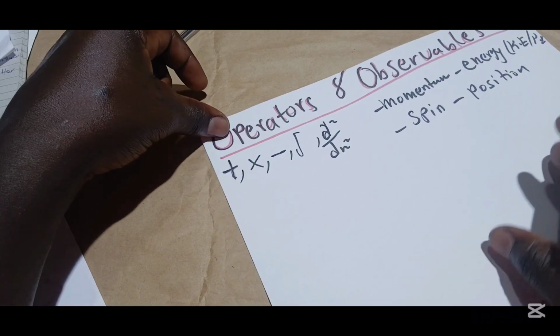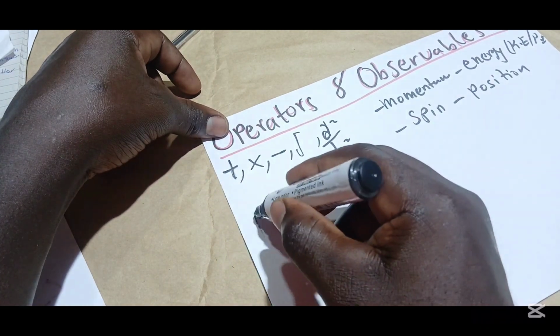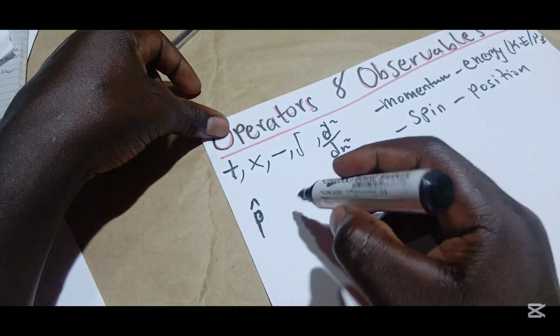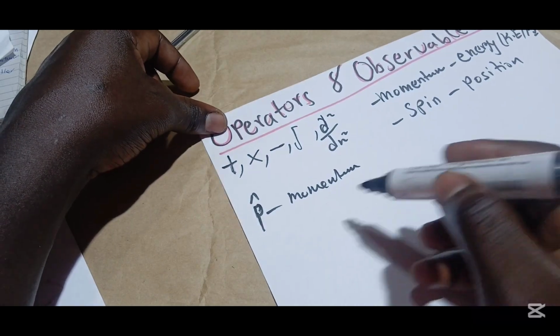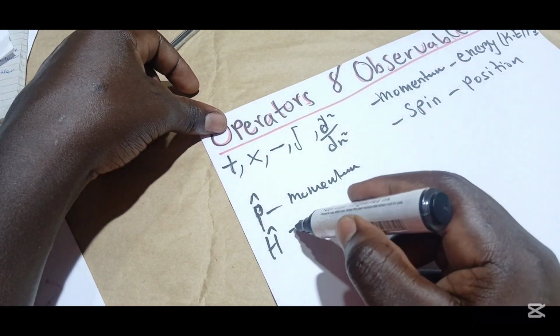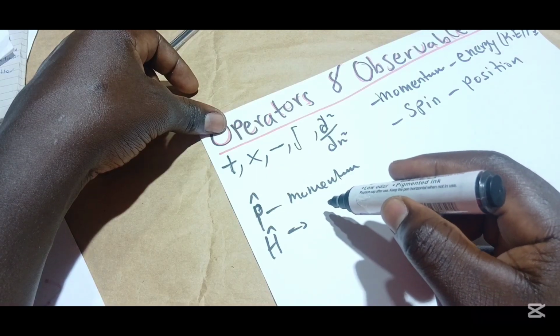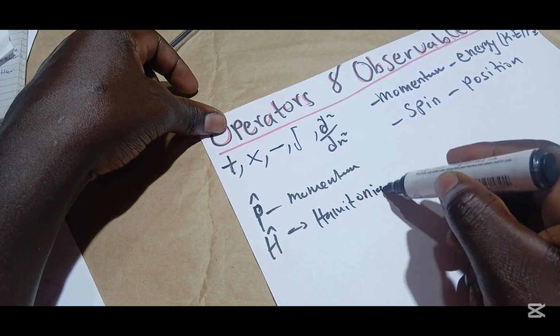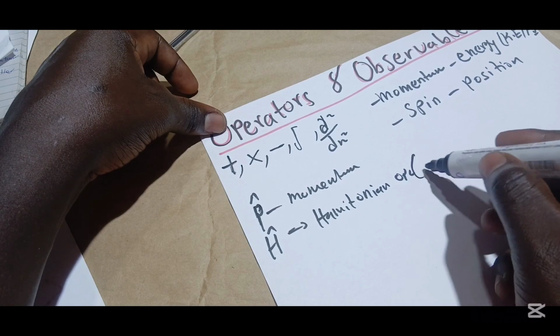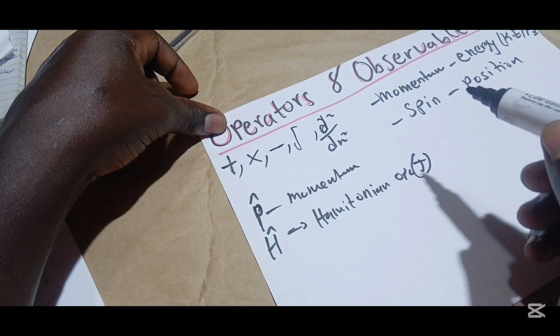So in quantum mechanics, we have operators like P cap, which is the momentum operator. We also have the H cap, which is the Hamiltonian operator. This represents the total energy of a system. We'll talk about it later.